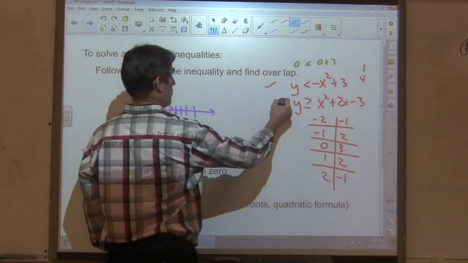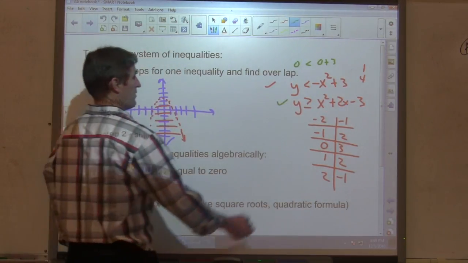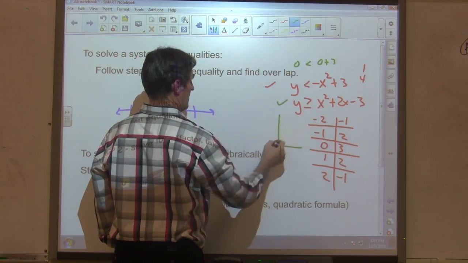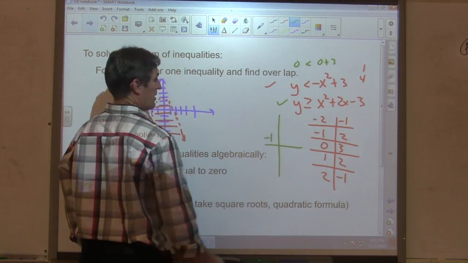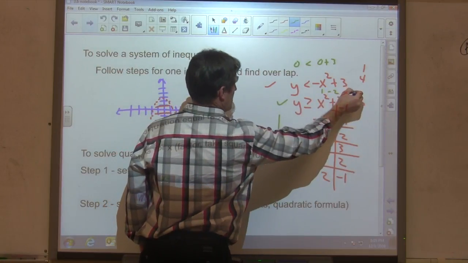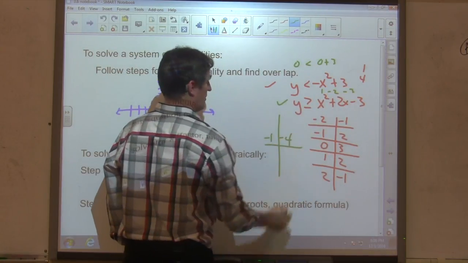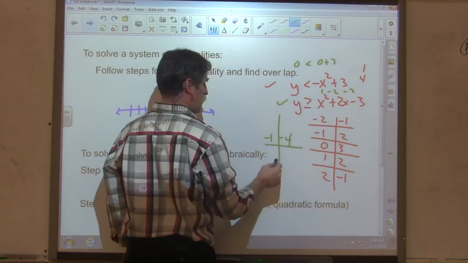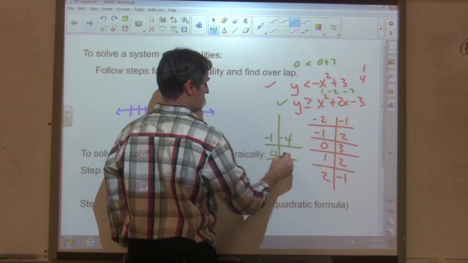I'll do the next one in green. So our vertex here, the opposite of 2 is negative 2 divided by 2 would be negative 1. Plug in negative 1, that would be 1, minus 2, minus 3, so that would be a negative 4. Again, using the shortcut, 1 times 1 is 1, so it goes up 1.